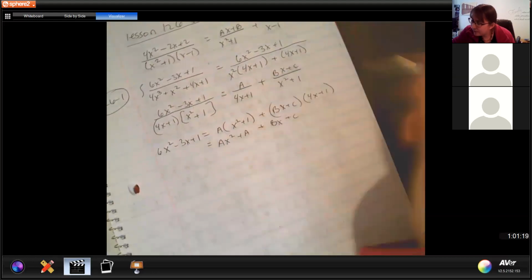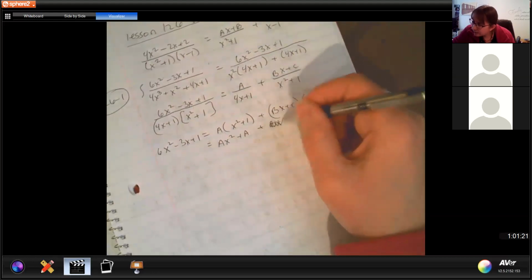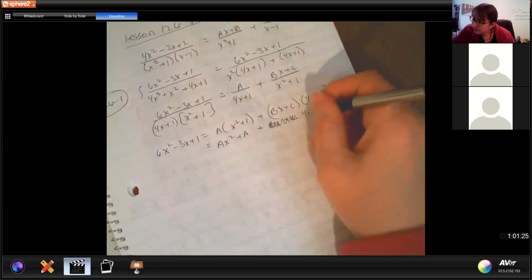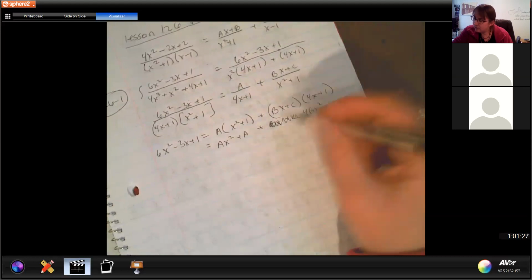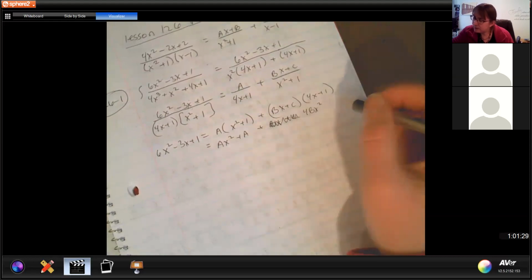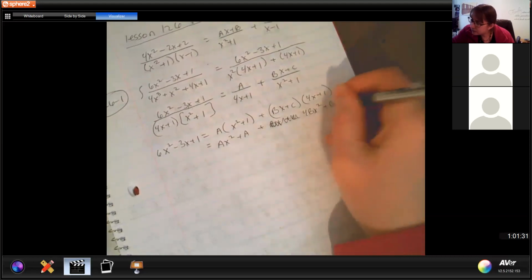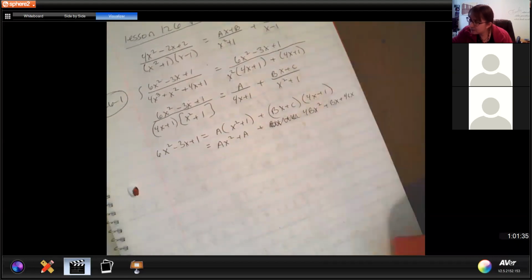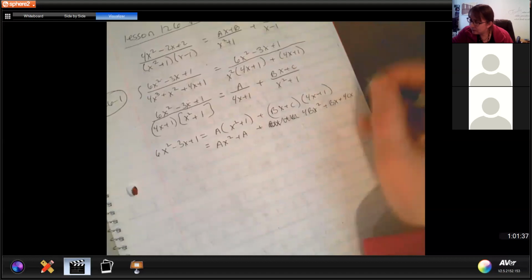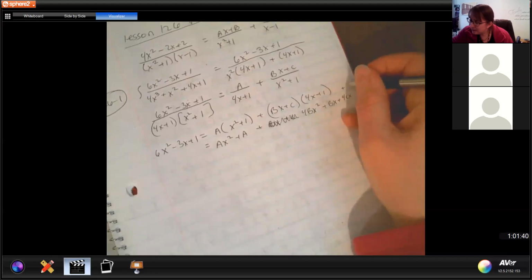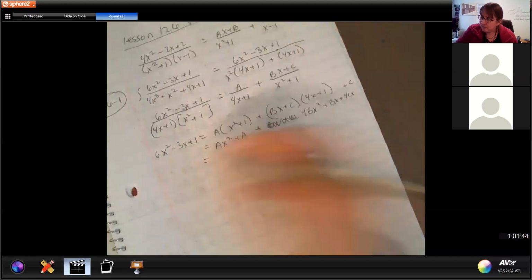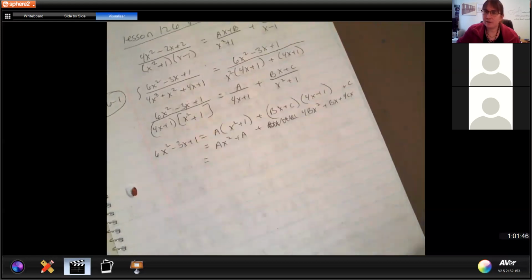Oops, I got to FOIL that. 4Bx squared plus Bx plus 4Cx plus C. And then you gather your like terms.